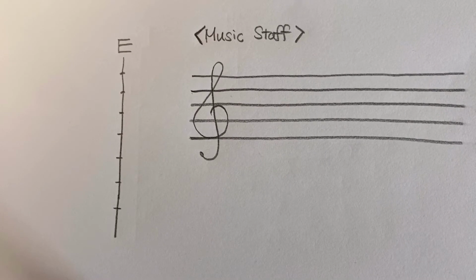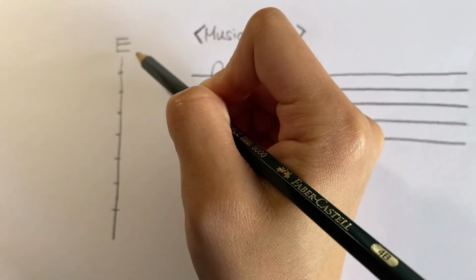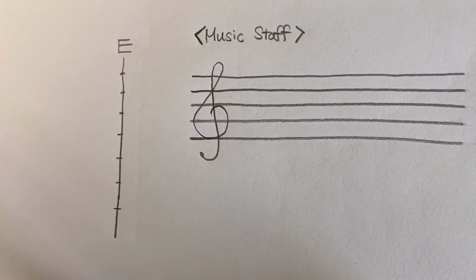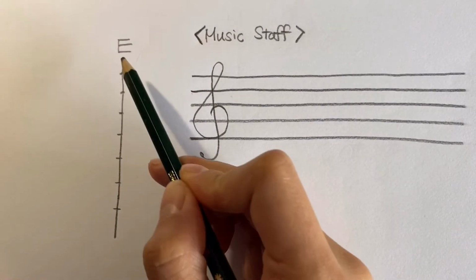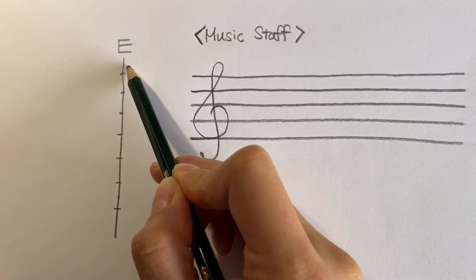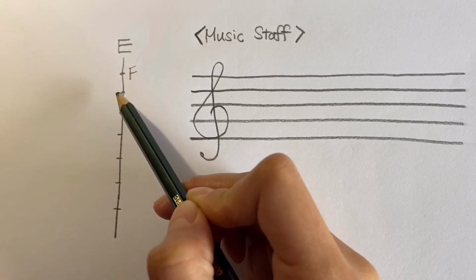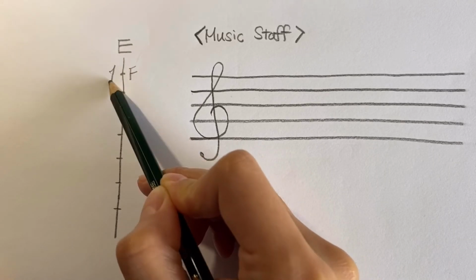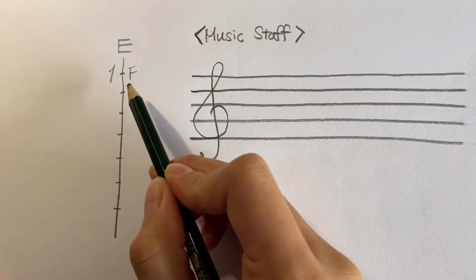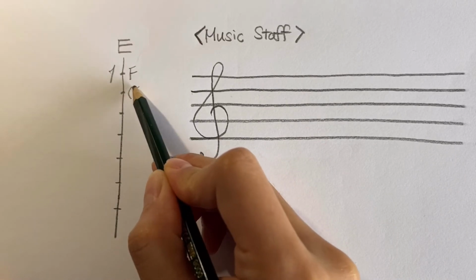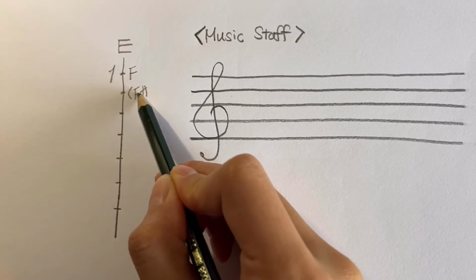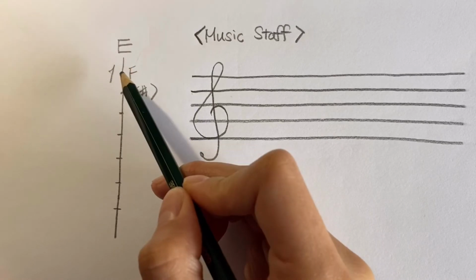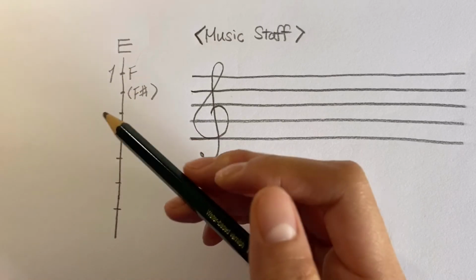Let's look at the notes on the E string and go over the notes on the music staff, okay? So on the E string, E and F is a half step, so only one step. F will be placed right there. Drop the first finger to play F. And we just learned a half step higher from F is F sharp.